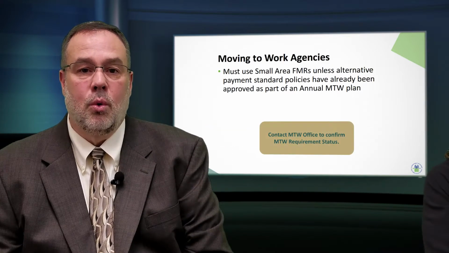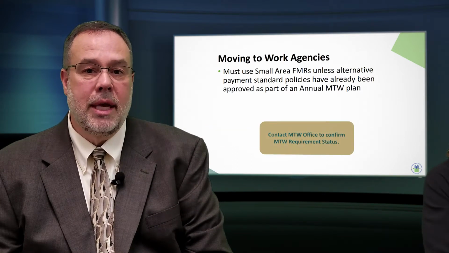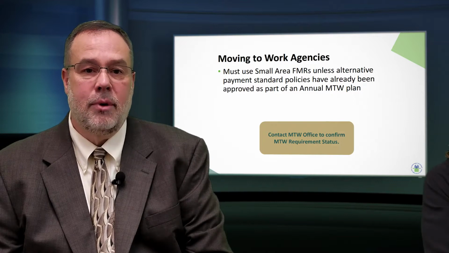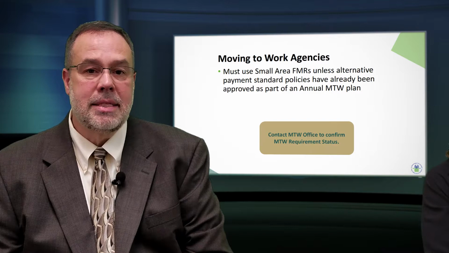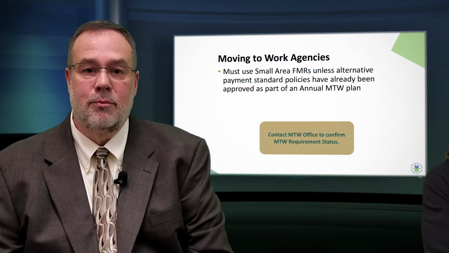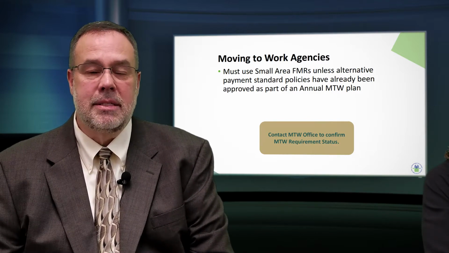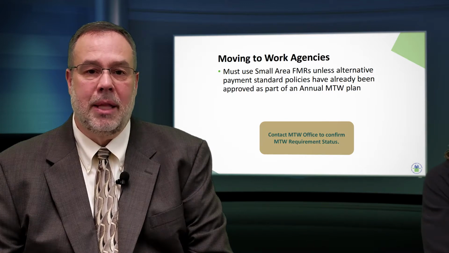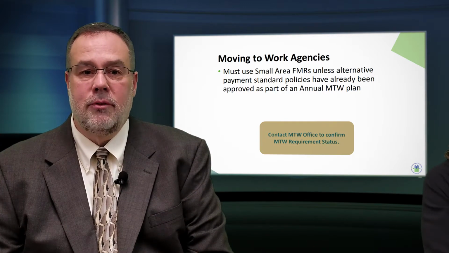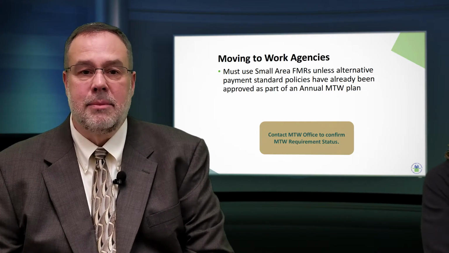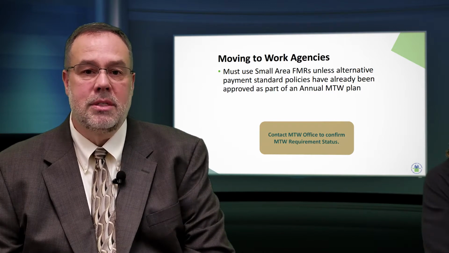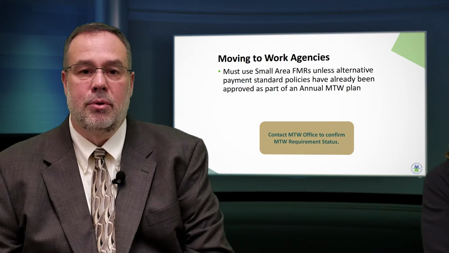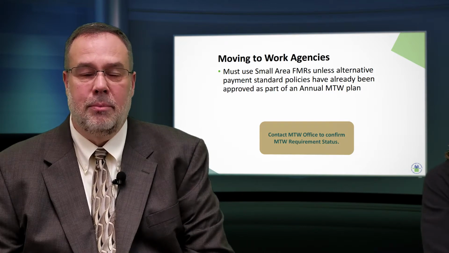Moving to Work, or MTW, agencies located in designated small area FMR areas must use small area FMRs unless the agency already has an alternative payment standards policy in its HUD-approved annual MTW plan. An alternative payment standards policy is a policy that involves payment standards that an MTW agency may adopt following HUD approval in the annual MTW plan.